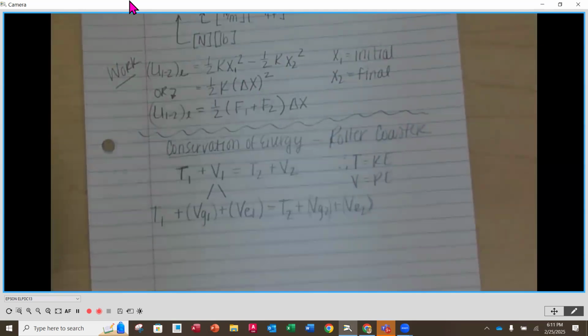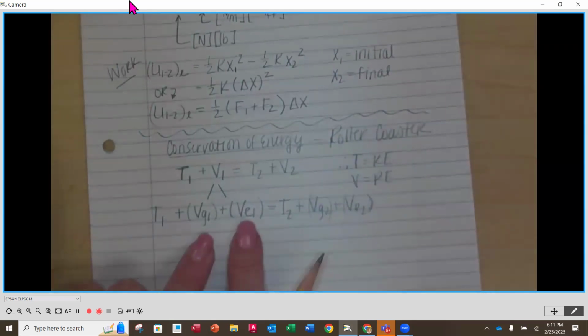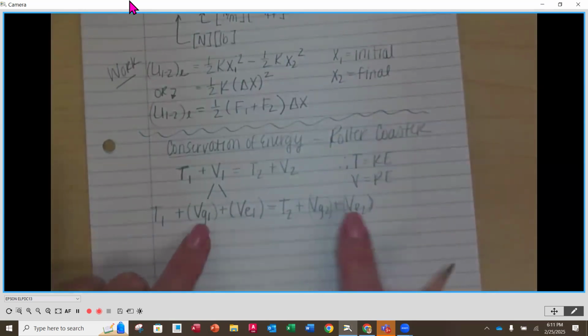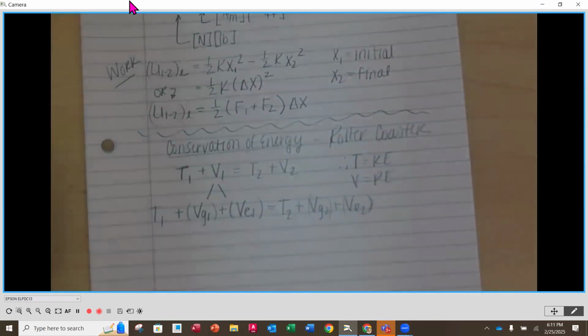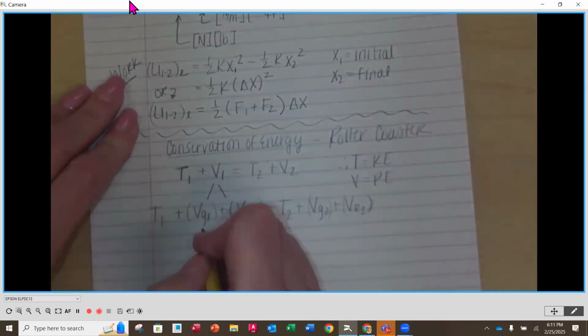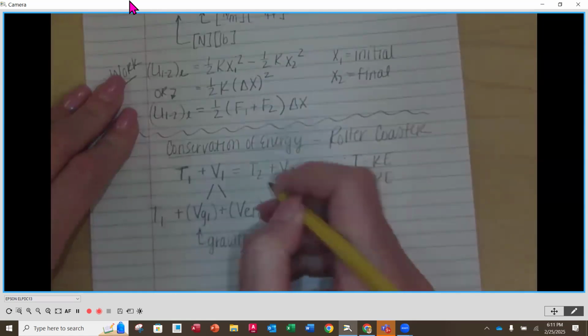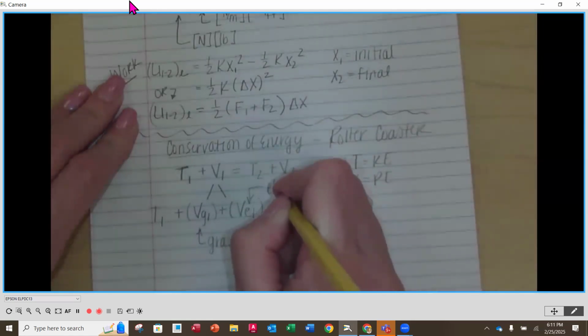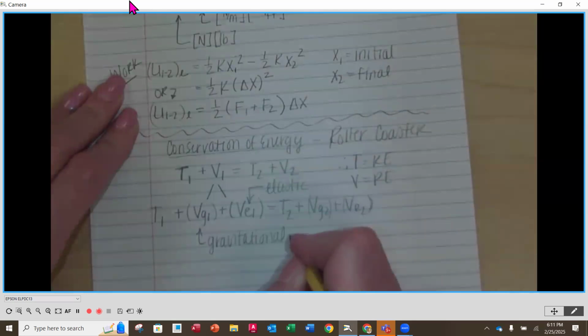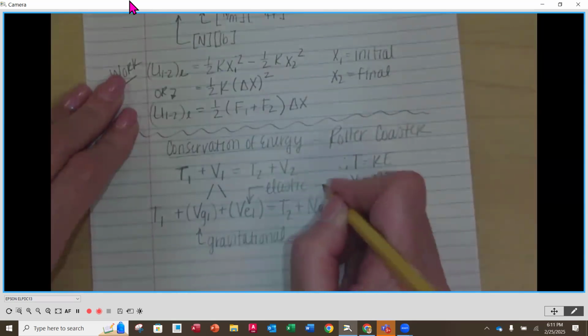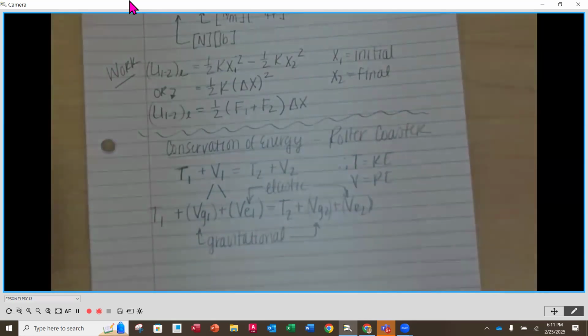These are twos on the right-hand side. So gravitational, elastic, gravitational, elastic. So before and after, or initial and final. Yeah, so gravitational and elastic.